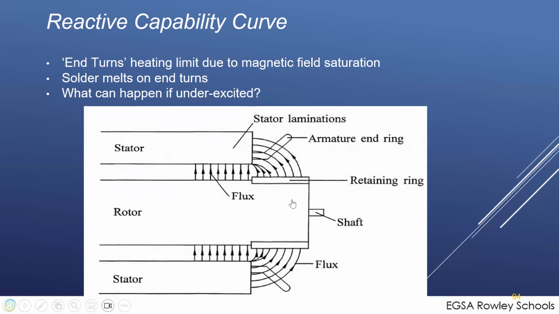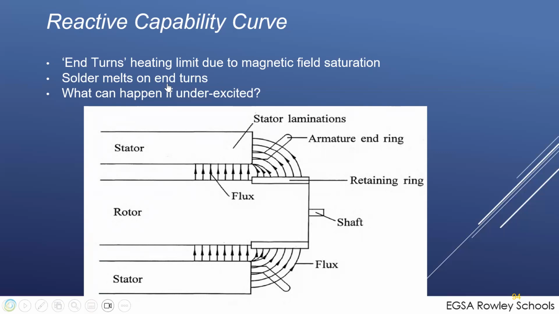There's the rotor. At the end of the rotor, there's the interns. In the stators, the interns go back and forth. The end of the rotor has a lot of things going on. What happens is the interns can be overheated if you're underexcited due to all the different current flows in that area.